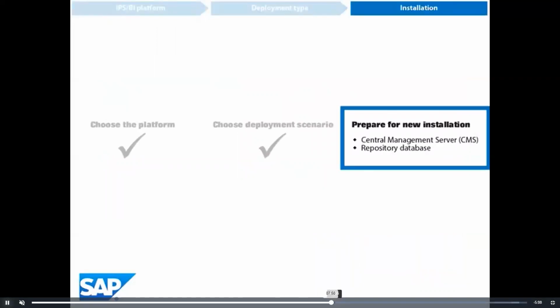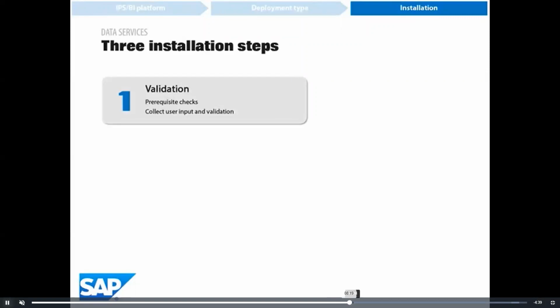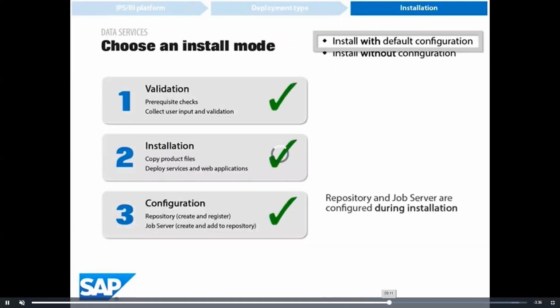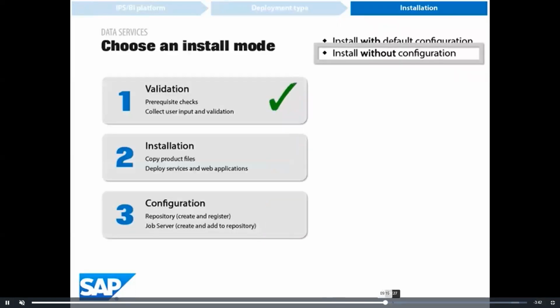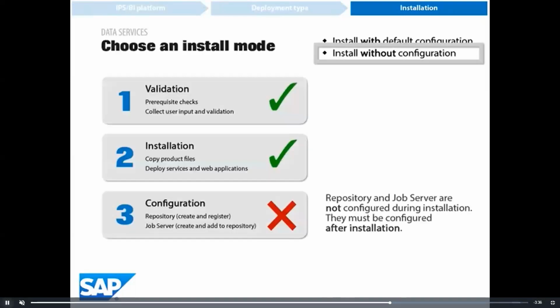Now prepare for the new installation: central management server and repository database. There are 3 installation steps. First one is validation: prerequisite checks, collect user inputs and validation, all these things.